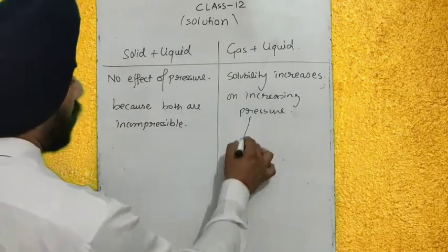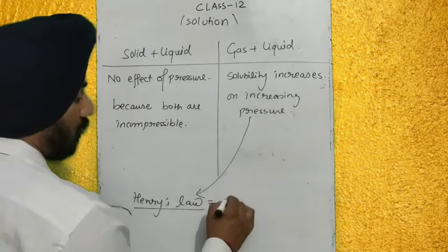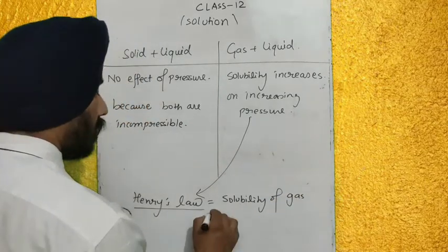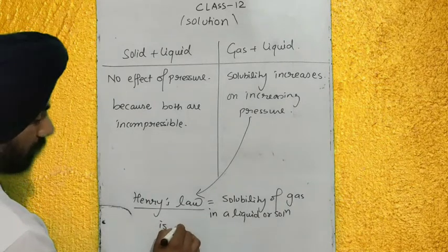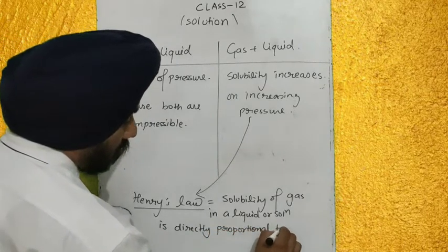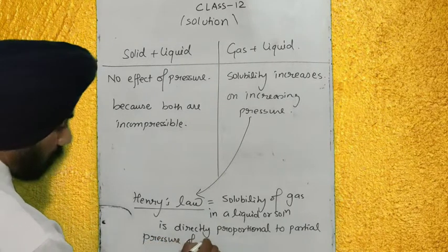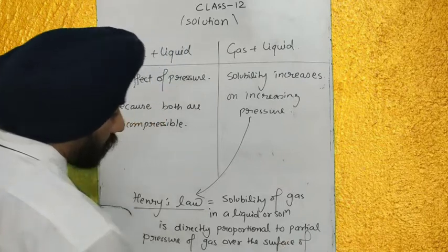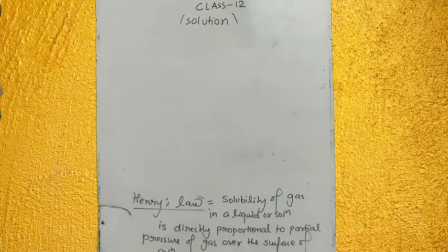Using this fact, Henry gave a law that is called Henry's law, and according to this law, the solubility of a gas in a liquid or solution is directly proportional to the partial pressure of the gas over the surface of the solution.